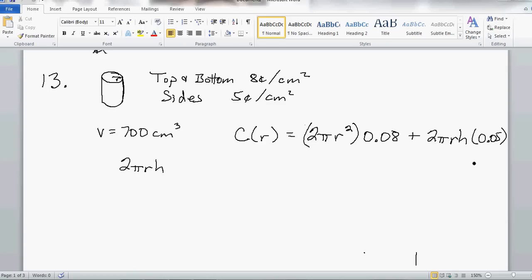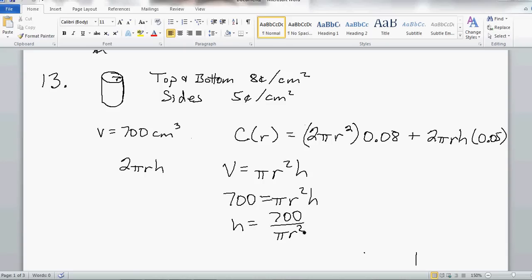Now we know that the volume has to be 700 cubic centimeters. So the volume is pi r squared h, and we know the volume is 700, and h would equal 700 over pi r squared. So that means h right here, I can now plug in 700 over pi r squared.